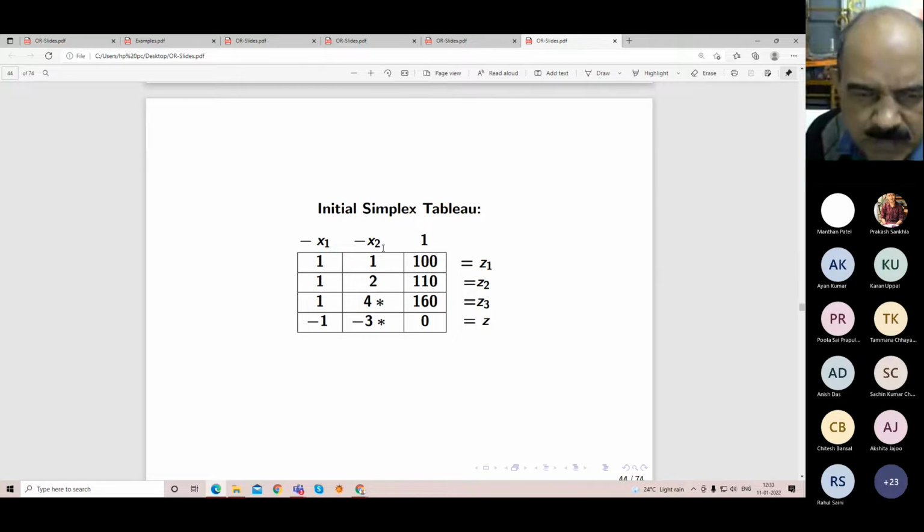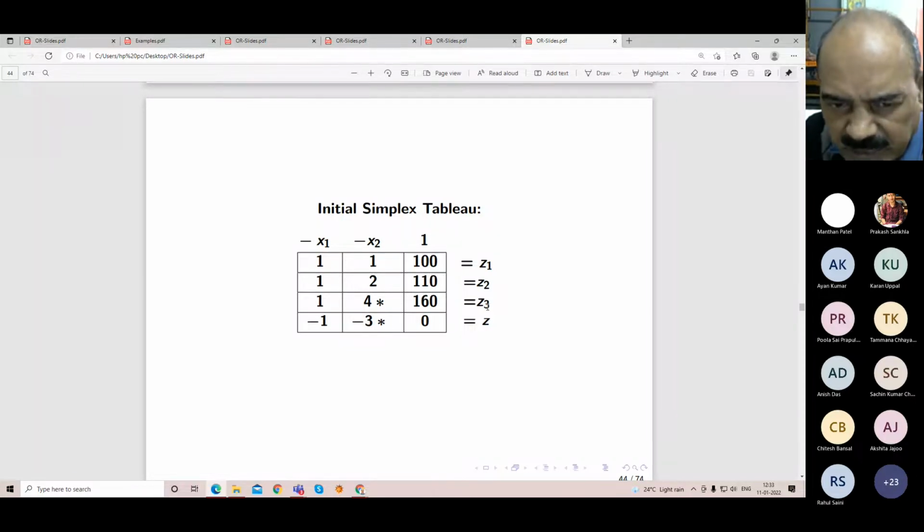Please complete it. Re-label the basic variable and non-basic variable positions. Minus x2 is becoming minus z3 and z3 is becoming x2. Other labels remain as they are, no change. This x2, whatever is coming in, is called the entering variable.